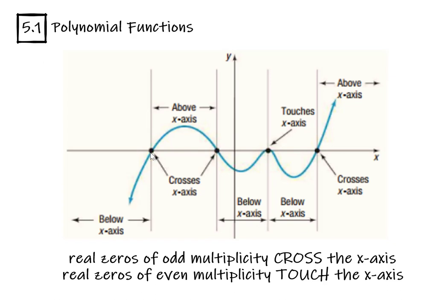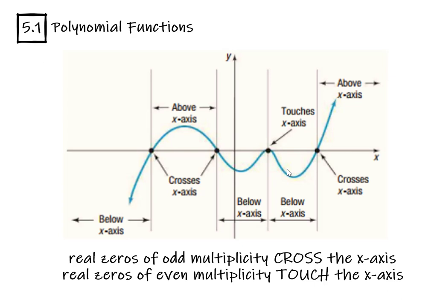It's like it was only a root, or only a real zero, or only an x-intercept 1 time, or maybe 3 times. And so this would have a power of 1 on it. But when it touches the x-axis and stays on the same side, it doesn't cross it, that's when you have real zeros of even multiplicity.